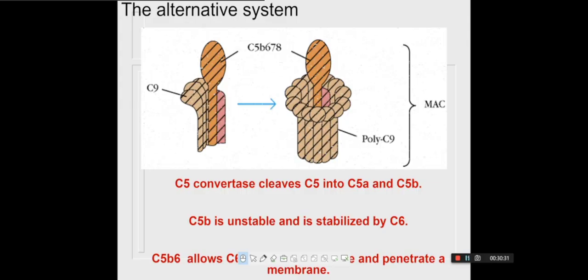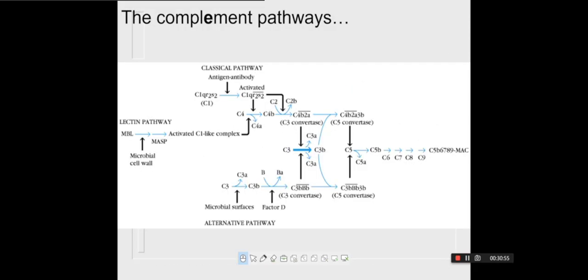When C6 is activated, it allows C7, then 8, and when 9 is activated, they form a poly C9. When poly C9 is formed, it acts as a membrane attack complex. In that way they destroy the foreign particles and remove them from the body. Clear?